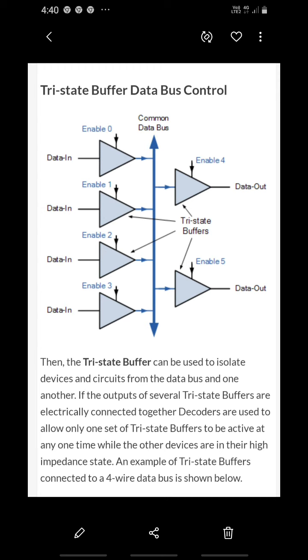Then the tri-state buffer can be used to isolate devices and circuits from the data bus and from one another.